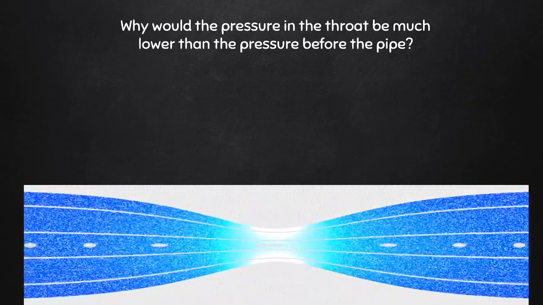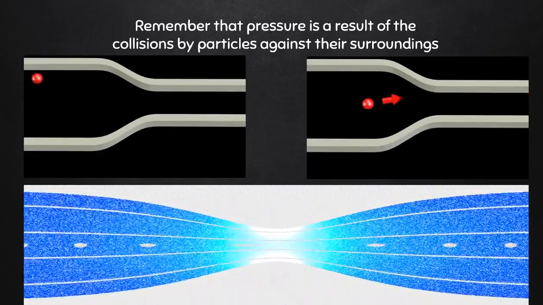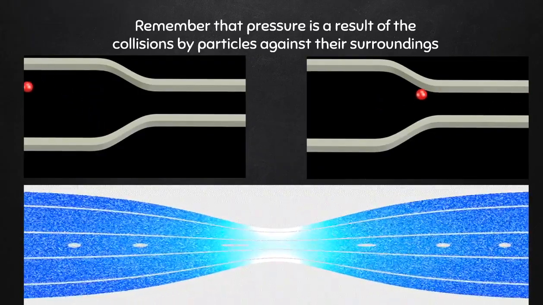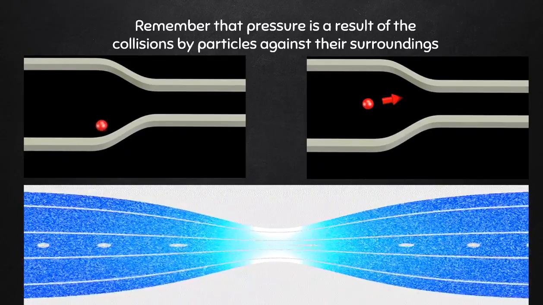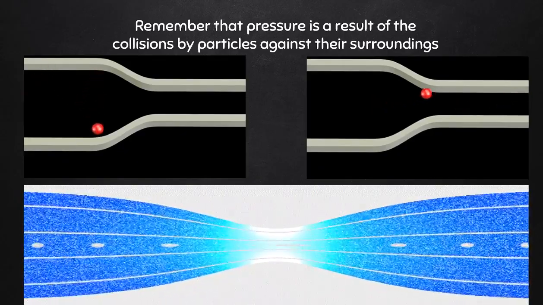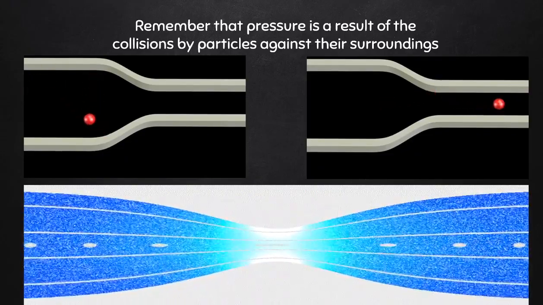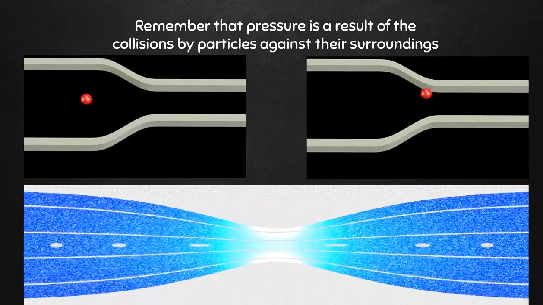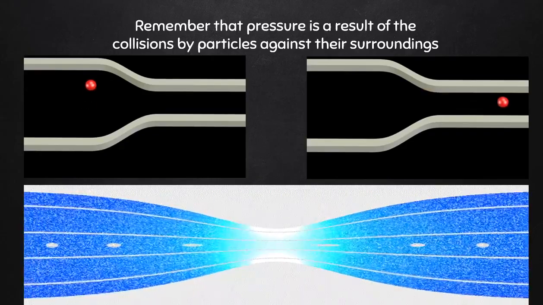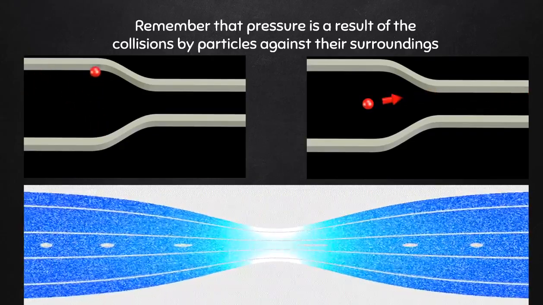Now remember that the fluid is made up of particles, and it is these particles and their collisions with the wall, for instance, that result in the pressure that we may measure at a macroscopic level. If the particles have a large enough velocity that is perpendicular to the walls of the pipe, then it is more likely to bounce back rather than enter the narrow section of the pipe.